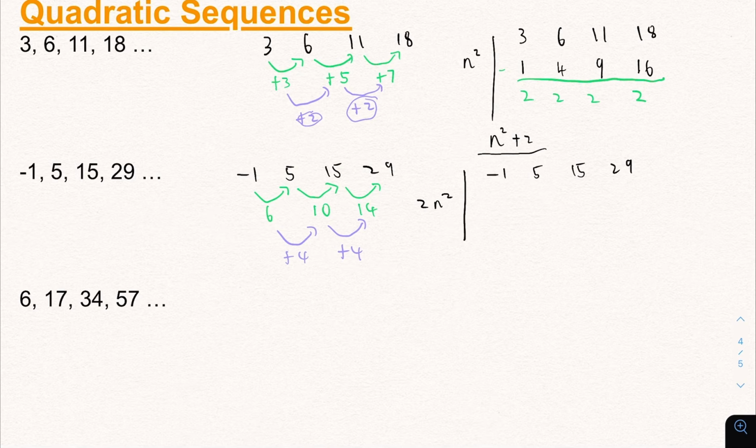And then you write the sequence for 2n squared. So 2 times 1 squared would be 1, 2 times 2 squared would be 8, 2 times 3 squared, which is 2 times 9, is 18, and 2 times 4 squared would be 32.